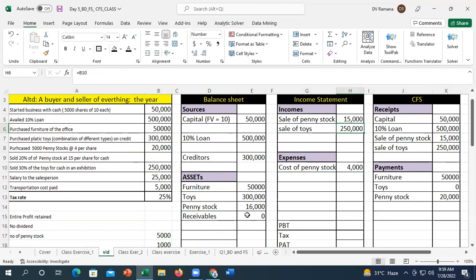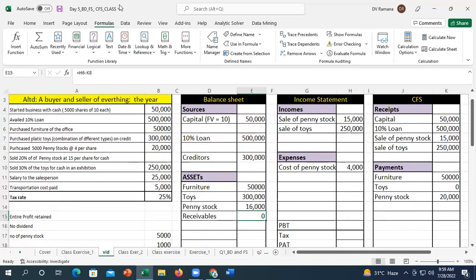So we can recap that the sale of toys is for cash, so there is no receivable. Income received is a cash inflow. Income not received is an asset in the form of receivable.